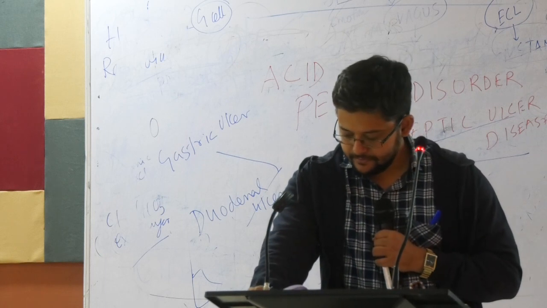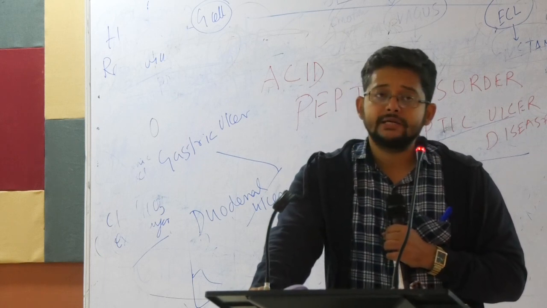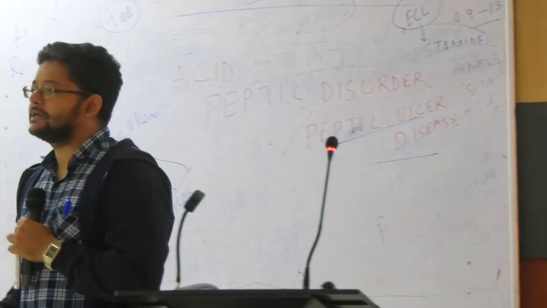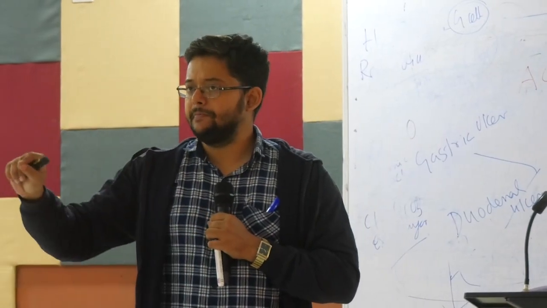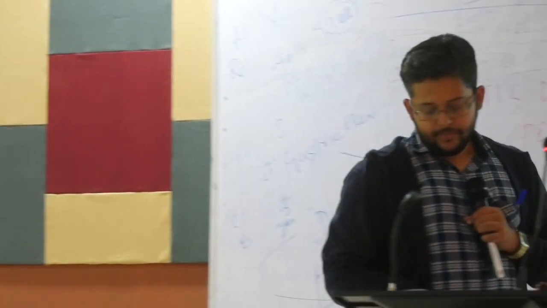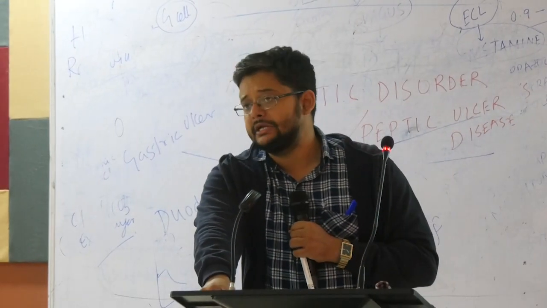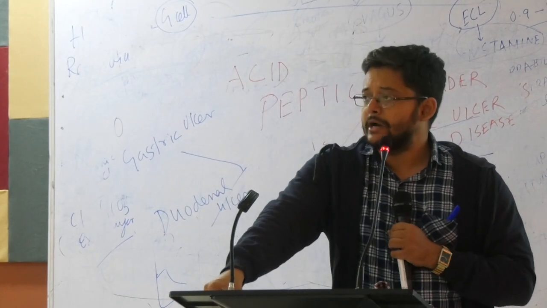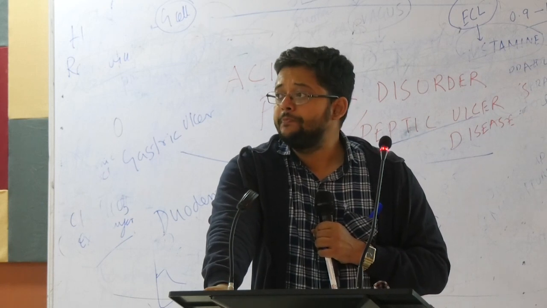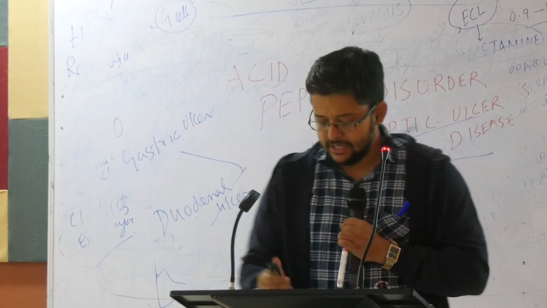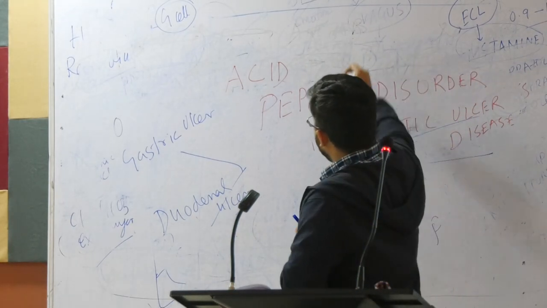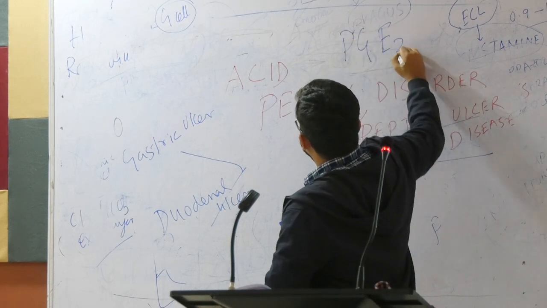Factors decreasing HCl secretion. Practice writing in very short form, otherwise you can't complete a note. Write protein as P r, practice writing quickly like this. Factors reducing HCl secretion. First, somatostatin. Next is prostaglandin E2, PGE2. All the prostaglandins you write like this, PG.